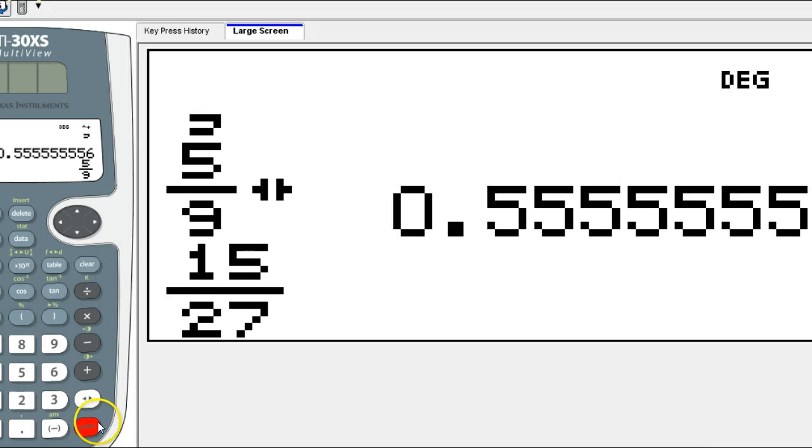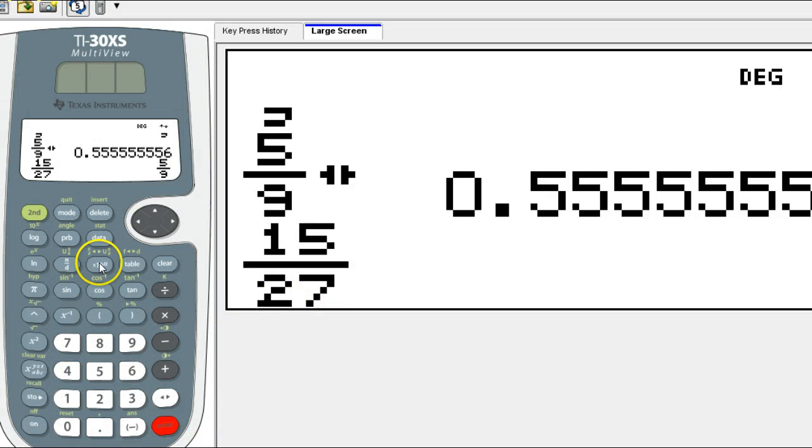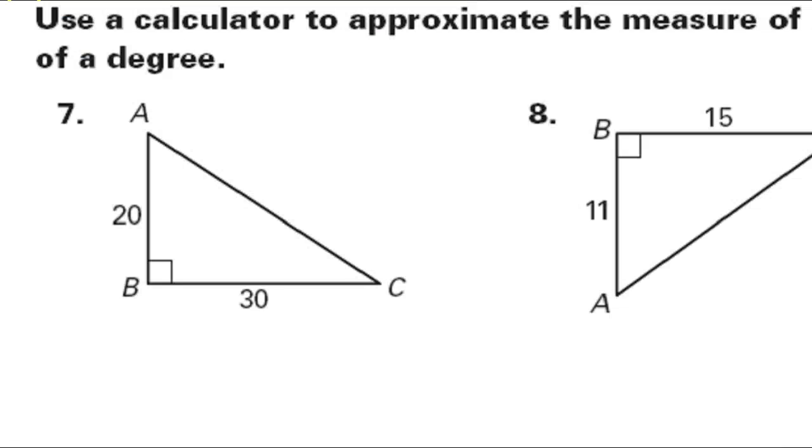You will find your inverse trig functions right on your calculator above the normal functions. You see sine, cosine, and tangent, and then above them you see sine with a little -1, cosine with a little -1, and tangent with a little -1. Those are the inverse trig functions. They can also be called arc sine, arc cosine, and arc tangent. So let me show you how we use them to find angles.